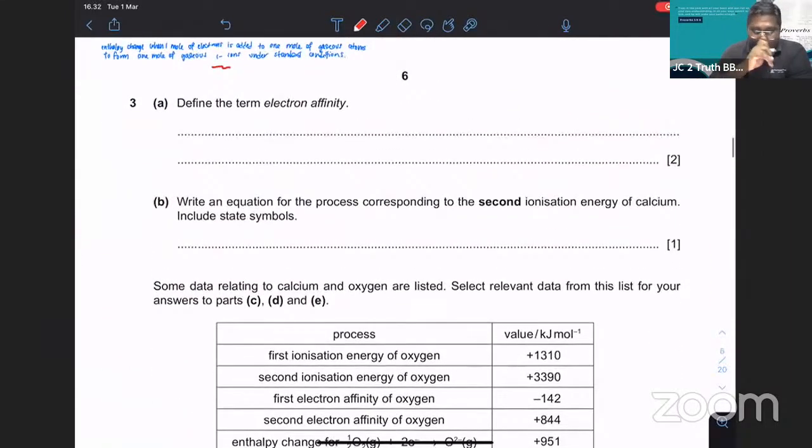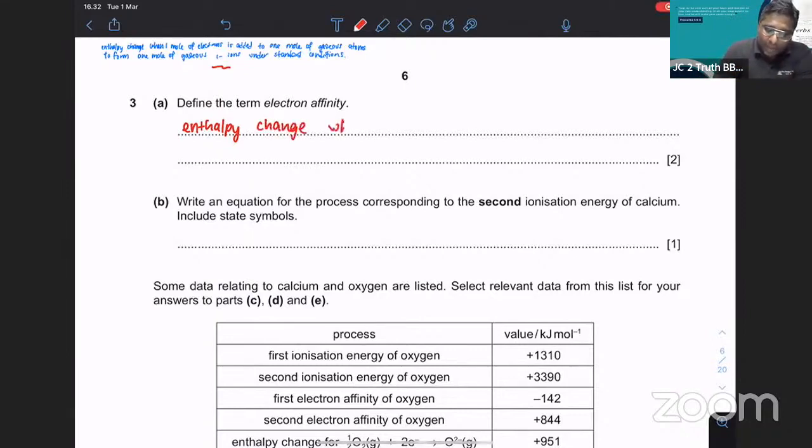Now, this question asks you to define the term electron affinity. What is electron affinity? Electron affinity is the enthalpy change. Normally if you find it from the textbook, they are very specific: first electron affinity, second electron affinity, and so on. But this one is going to be general, so you just need to give it general as well.